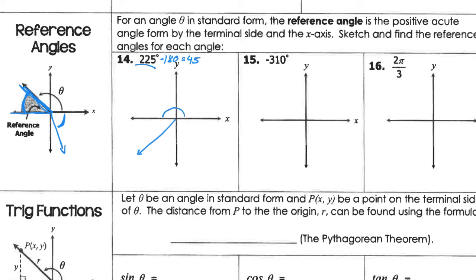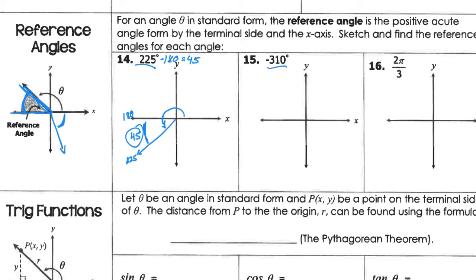This would be 225. The reference angle would be the angle below the x-axis. So that's going to be a 45 degree angle. Remember, I know that this angle here is 180, and this one here is 225. So if I take the difference between them, I'm going to be left with 45 degrees. So that's my reference angle, the difference between the x-axis and the terminal side of the angle.